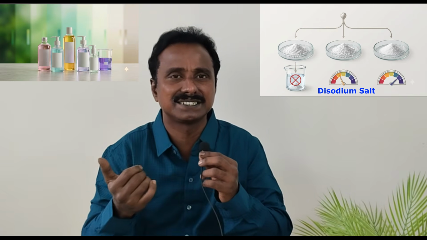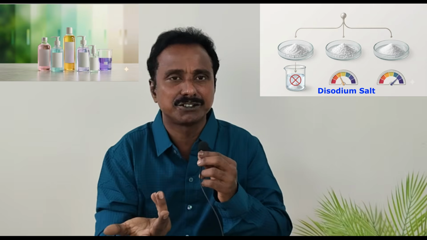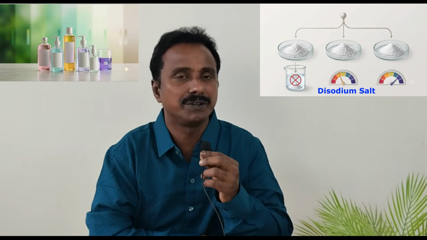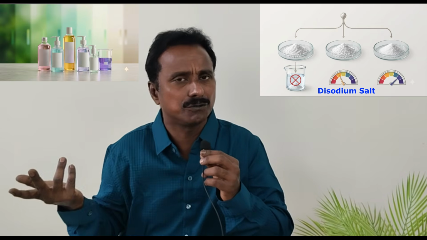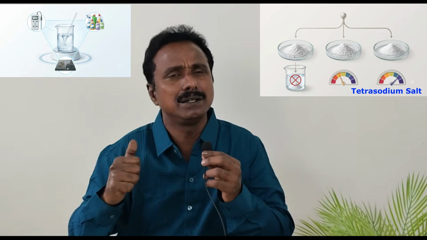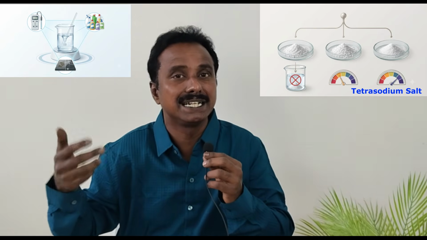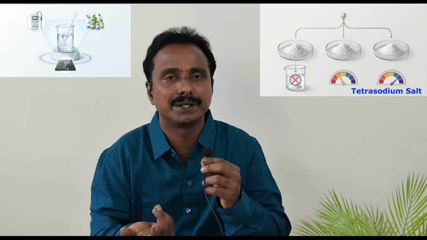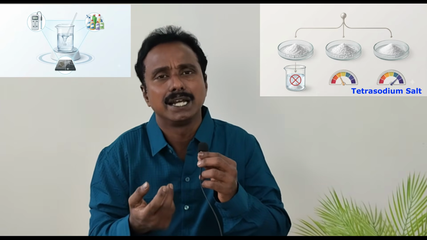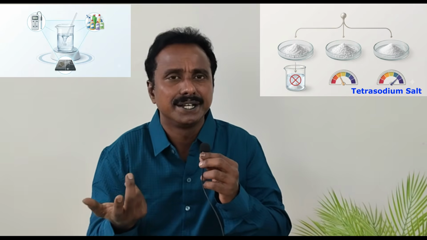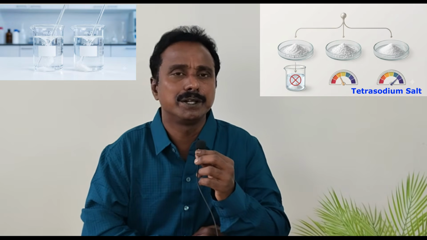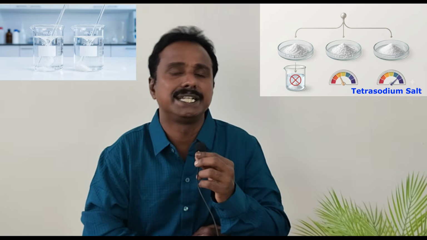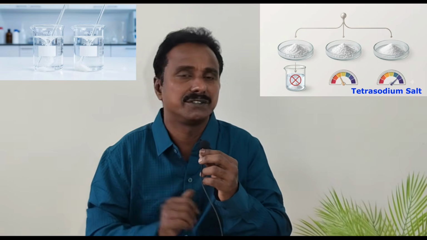So in such cases, we can use disodium salt of EDTA. In some other formulations, the pH will be more than 7, 8, 9, 10, 11, like liquid detergent, detergent powder, or something like heavy duty degreasers. Here we can use tetrasodium salt of EDTA. So that is the difference.